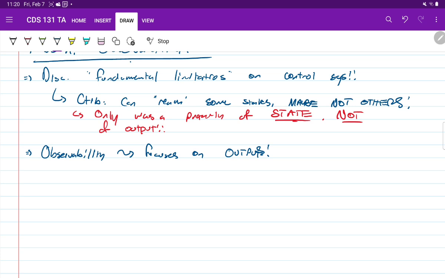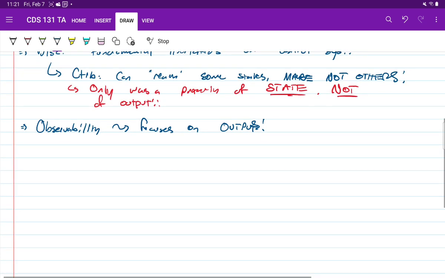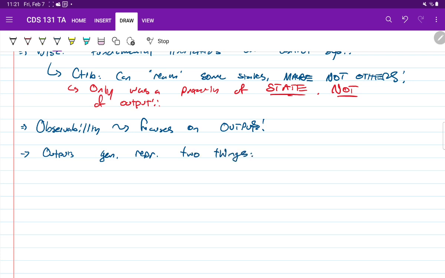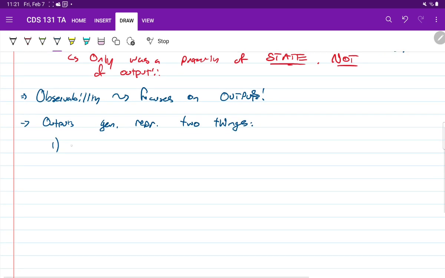In order to motivate what observability is, I first want to talk a little bit more about what outputs are. We defined what outputs were all the way at the beginning of the course, but I want to go back and revisit them and make sure we know what they actually are. Outputs will generally represent one of two things. Either one, they'll represent a quantity we want to control.